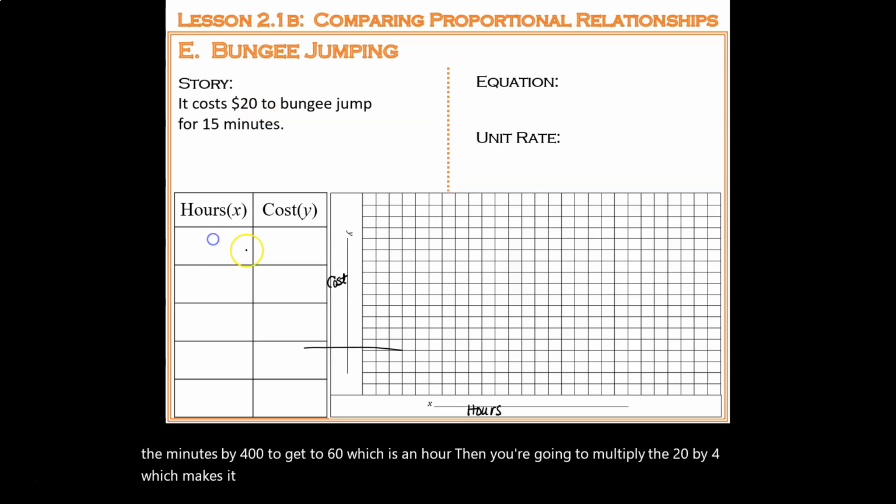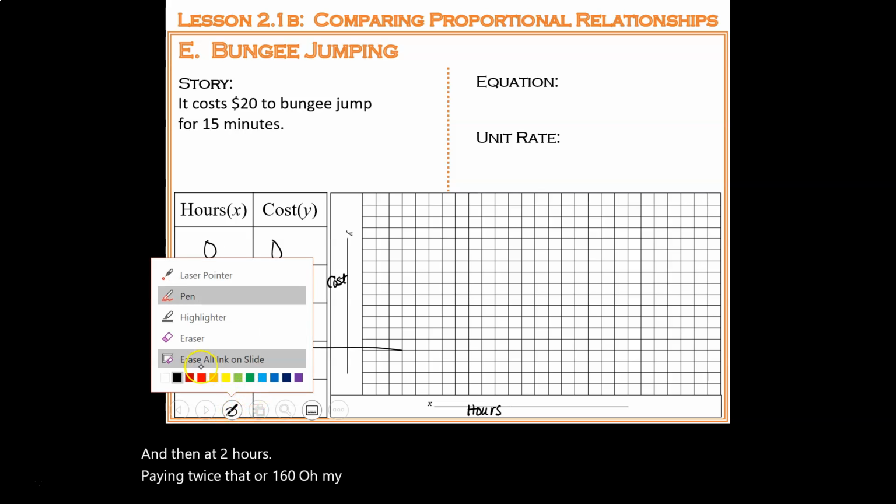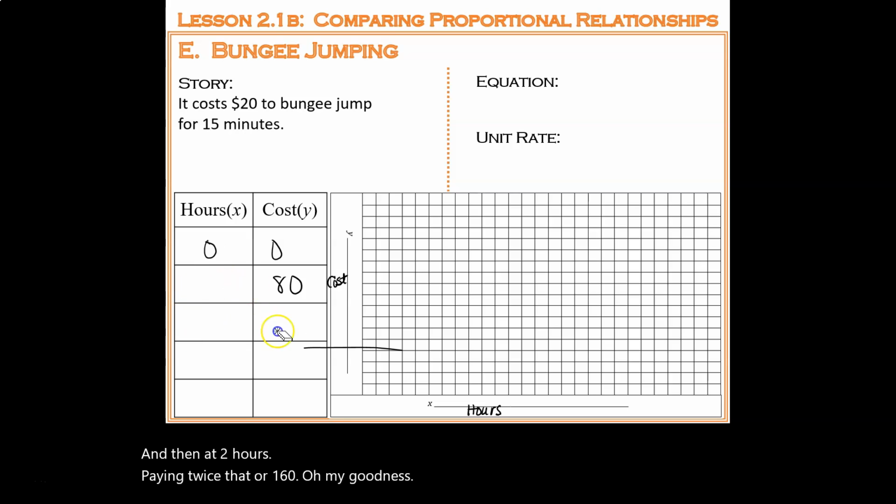So at 0 hours, we're not paying anything. At 1 hour, we're paying $80. And then at 2 hours, we're paying twice that, or $160. Oh my goodness. All right, let me erase this. Going crazy here.